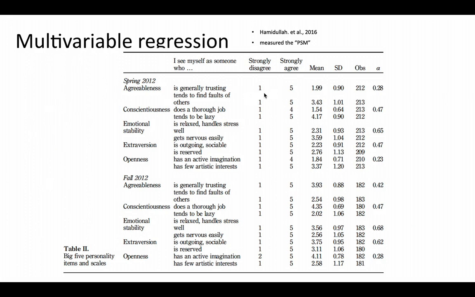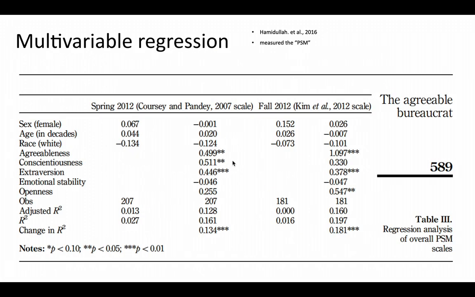All right, take a look at it because it's an ordinal measure, right? From 1 to 5, strongly disagree to strongly agree, right? So 1 unit change means strongly disagree to somewhat disagree to neutral to somewhat agree to strongly agree, right?